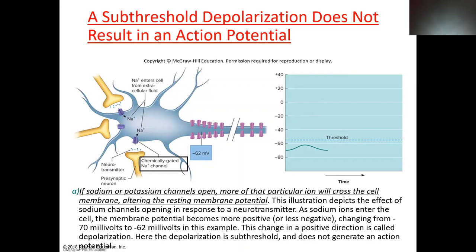Negative 55, exactly. So this does not give us an action potential. There's not enough of a stimulus to cause enough sodium to come into the cell. So this gives us not an action potential, but a what? Starts with a G. Graded. Graded, perfect. So this is our graded potential, okay?